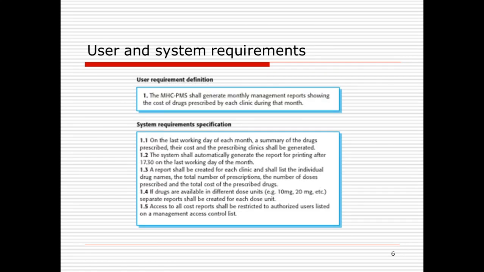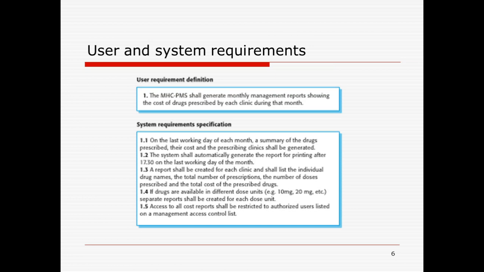Now here comes the case study we have discussed earlier in a separate video which I have prepared. There we have discussed the case study for the mental health care patient management system, an information system for mental patients. In that system, one of the user requirement definitions may be to generate a monthly management report showing the cost of drugs prescribed by each clinic during that month.